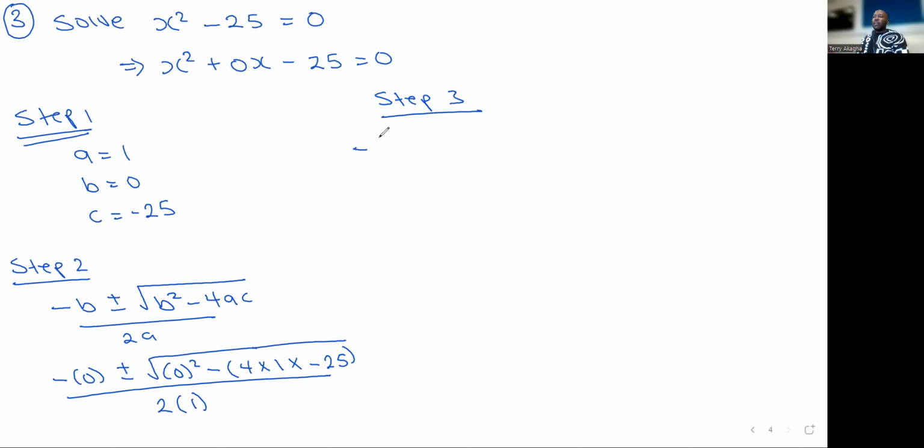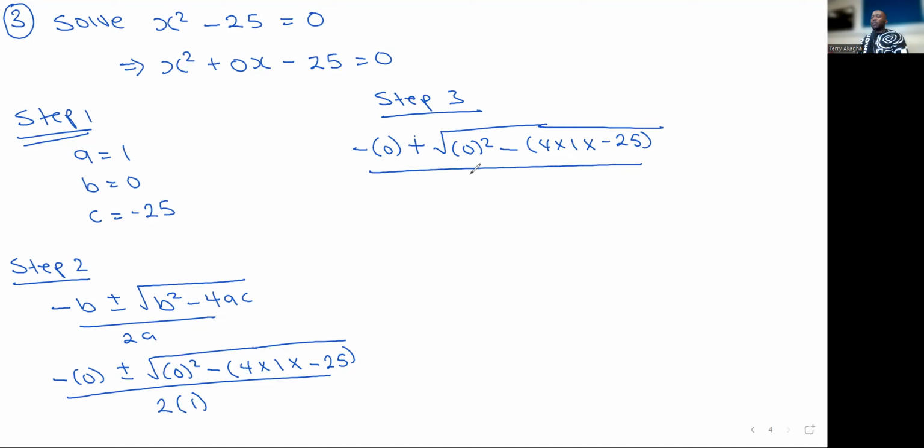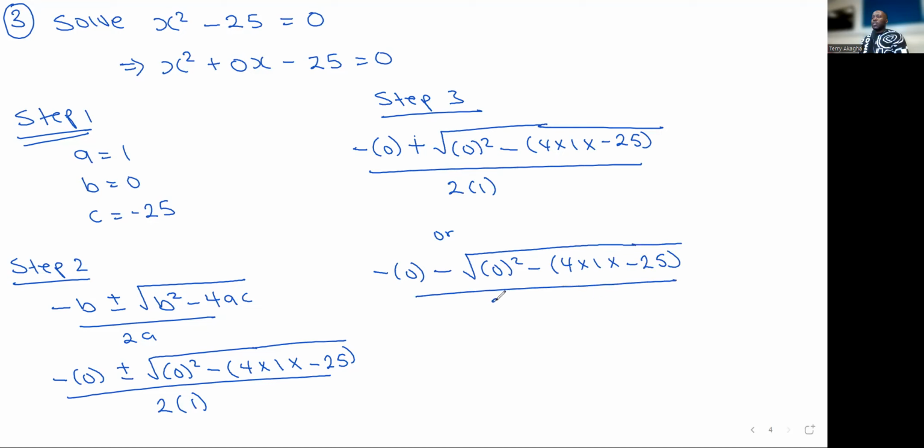So it's going to give us minus 0 plus square root of 0 squared minus 4 times 1 times minus 25, divided by 2 times 1, or minus 0 minus square root of 0 squared minus 4 times 1 times minus 25, divided by 2 times 1.